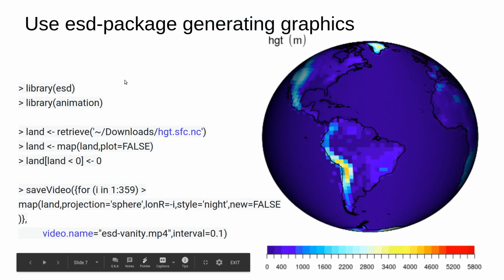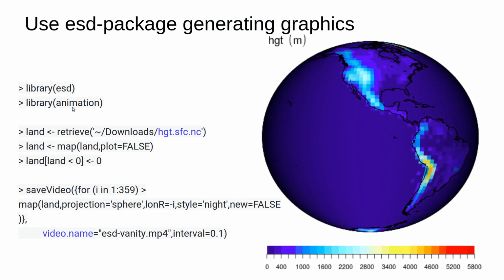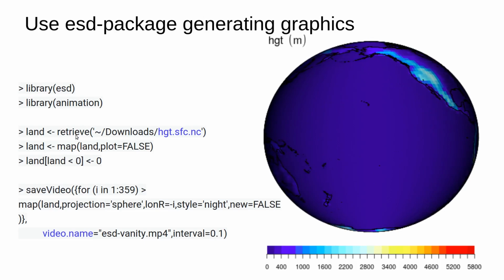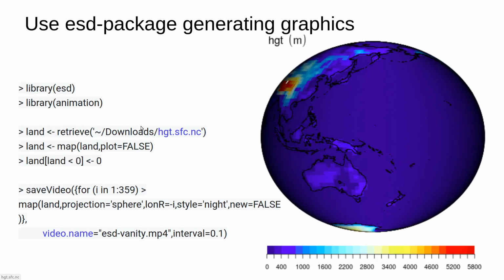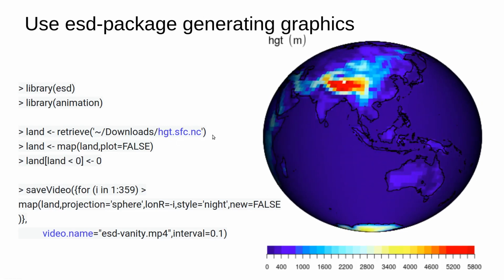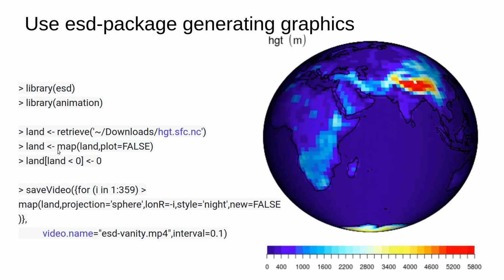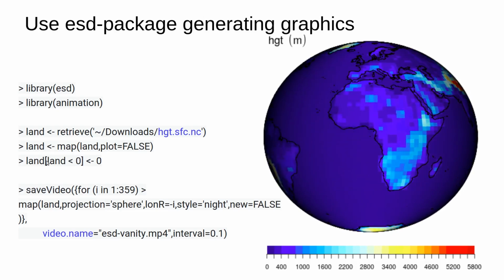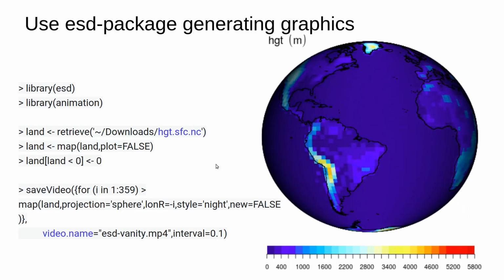So we can use the ESD package for generating graphics, and here's one example. We also use another package called animation, and I have the code here. So basically you retrieve an SCDF file with the topography of the reanalysis, and then we create a map, store it in land, and then we set everything that is below surface to 0.